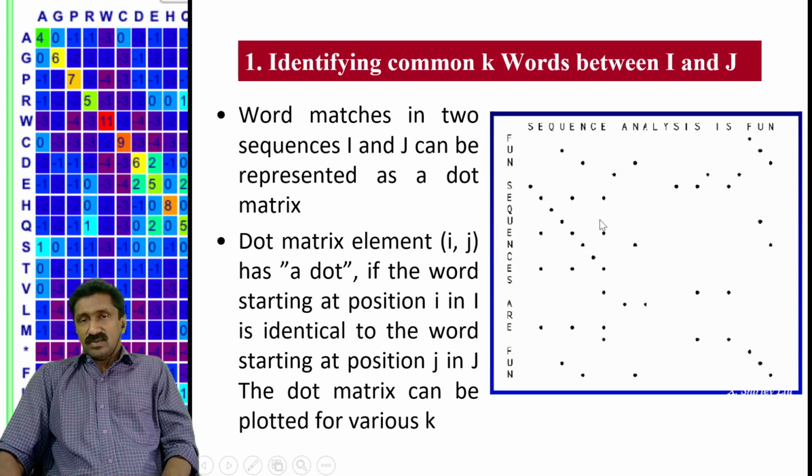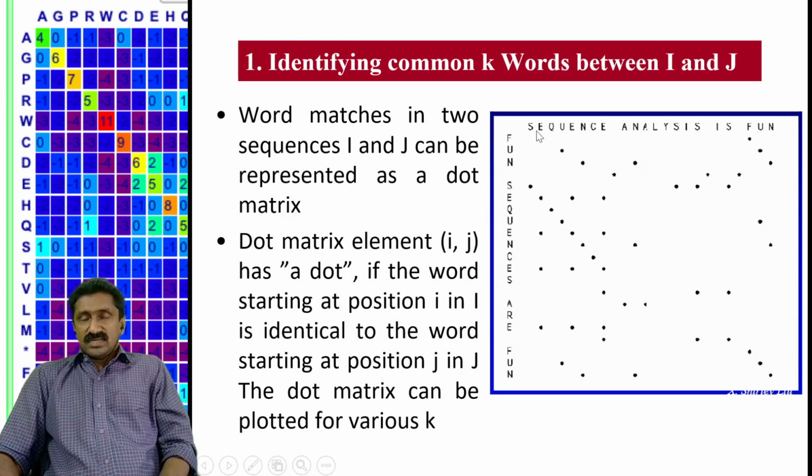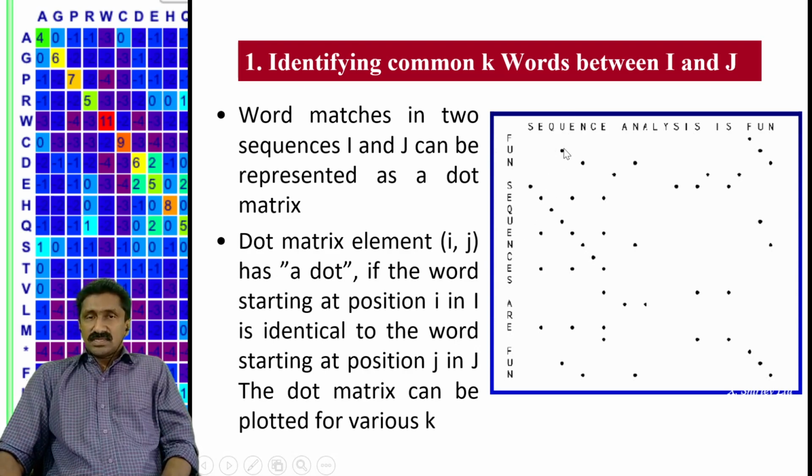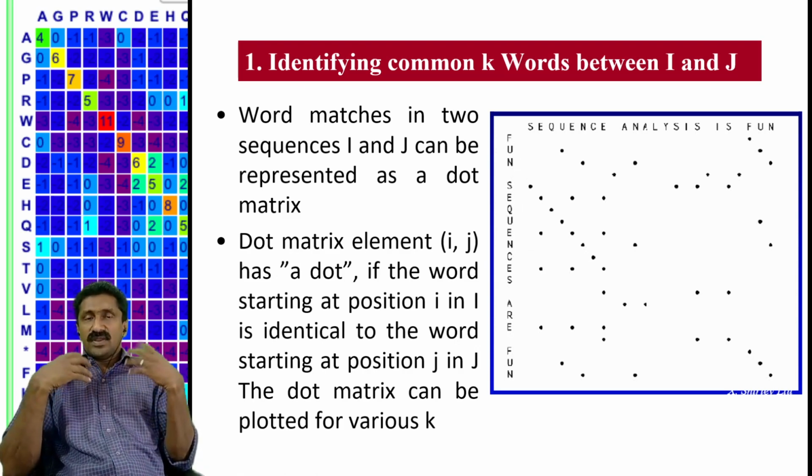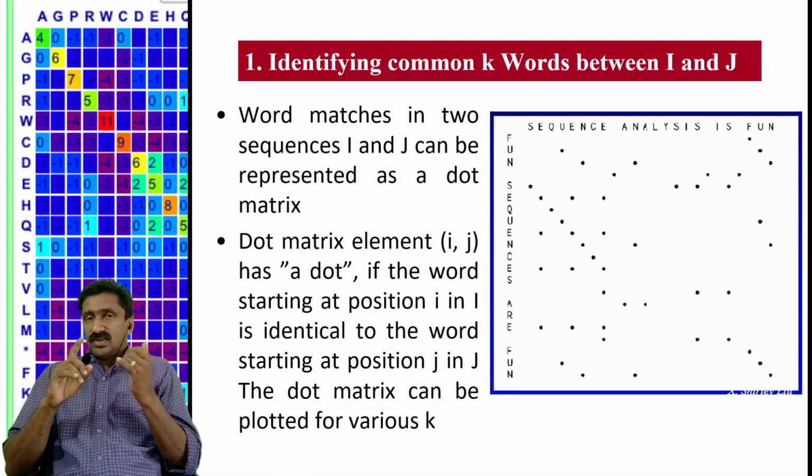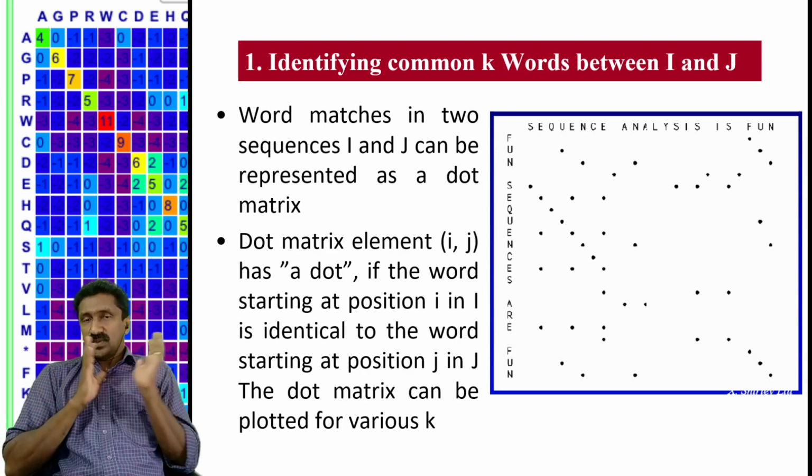This is not relevant now. The point is that you construct words, and those words are matched against the corresponding matches in the other sequence. You have to construct such words of different lengths, and that is the initial step: prepare a set of words from the query sequence.